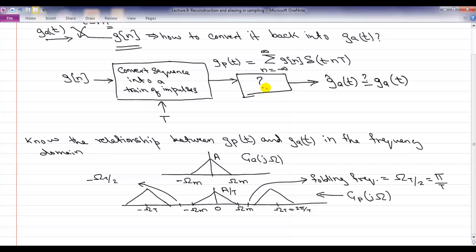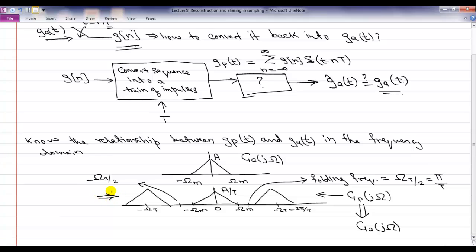So what should this operation be? What should this black box be? Well, if you want to recover Ga(t), in the frequency domain that is equivalent to saying we should be able to recover Ga(j omega) from Gp(j omega). So this is the frequency domain expression.